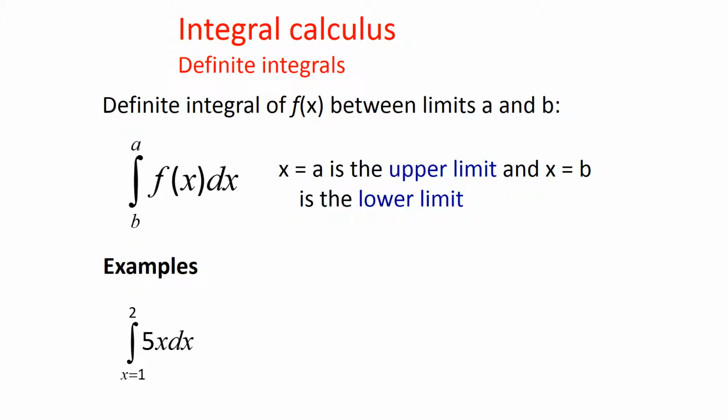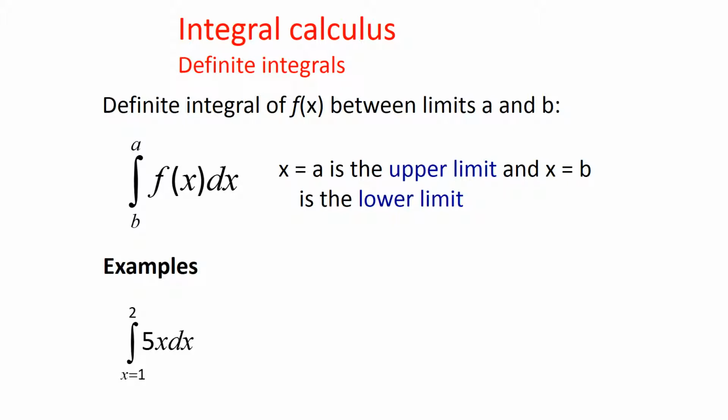So if we've got the integral between x equals 1 and 2 of 5x dx, that is going to be 5 divided by 2 times x squared. I've just raised the power by 1, so 1 becomes 2, and divided by that raised power, divided by 2. And that is, of course, plus c.